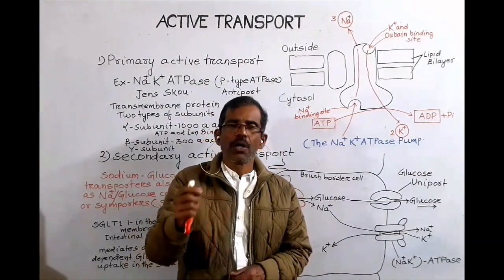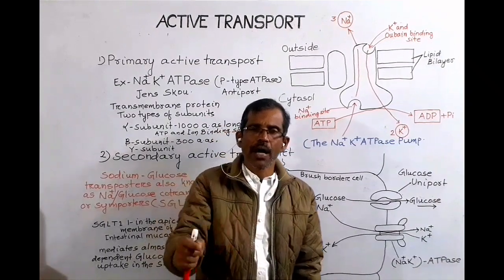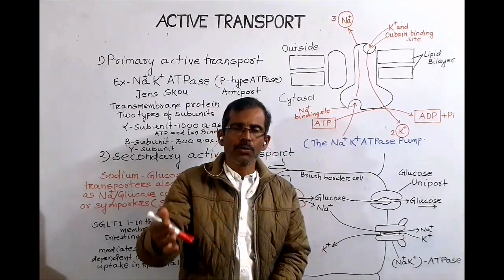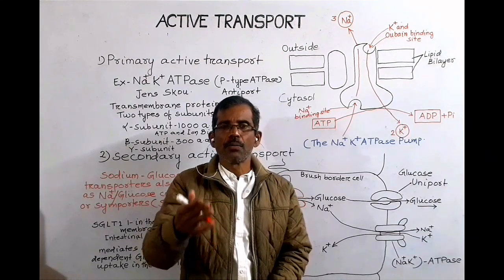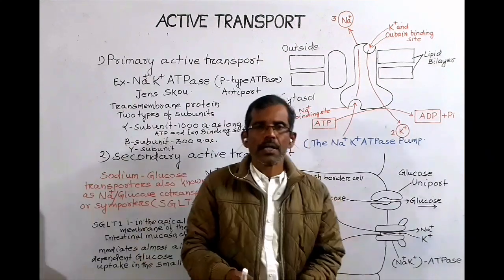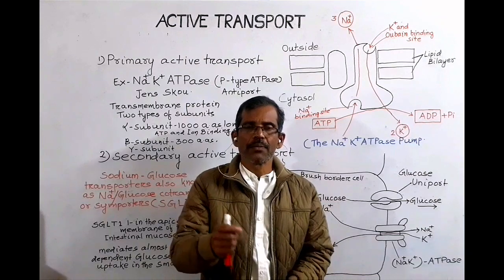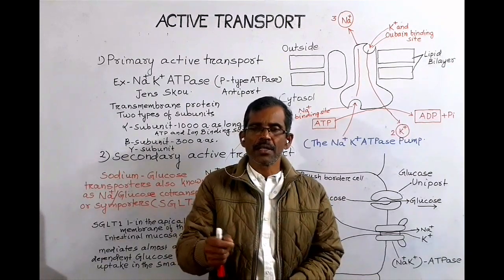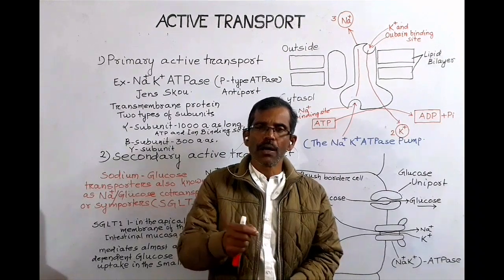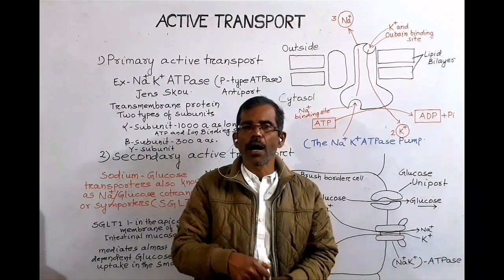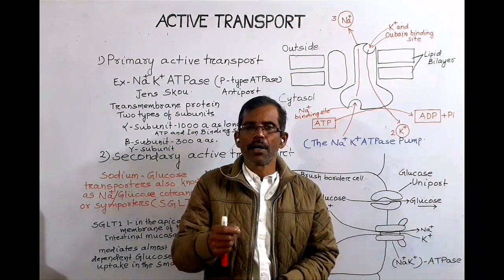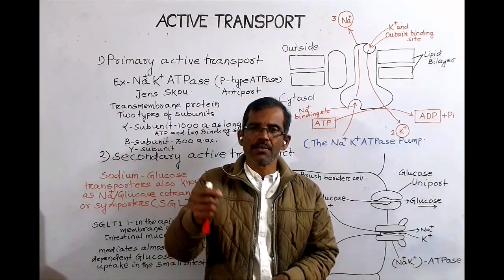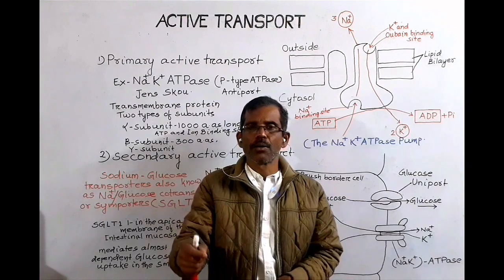For each molecule of ATP hydrolyzed, 3 sodium ions are pumped out and 2 potassium ions into the cell. It is because of this active transport system that the sodium concentration is maintained at a low level and that of potassium ion at a high level inside the cell, whereas the situation is reversed in the extracellular fluid.